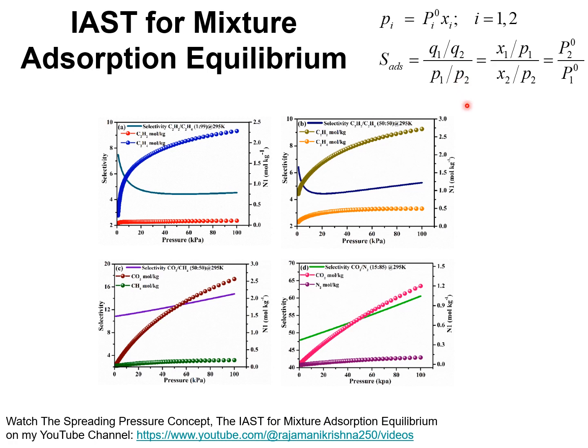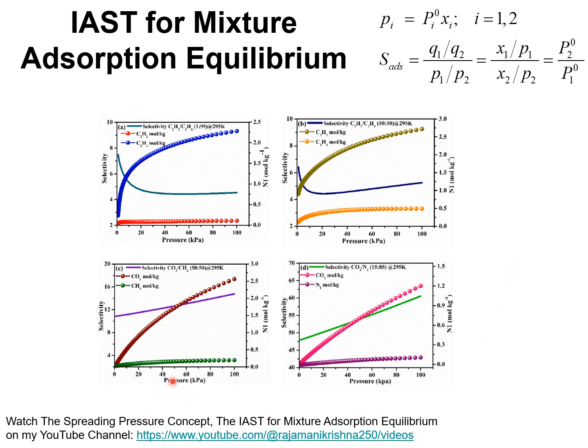And from this expression, we derive that the adsorption selectivity is the ratio of the sorption pressure for component 2 divided by the sorption pressure for component 1. I refer you to my presentation on the spreading pressure concept for further elaboration on the significance of this expression.